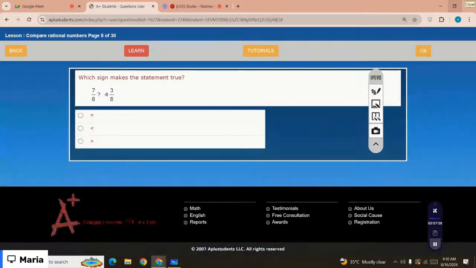Which sign makes the statement true? 7 over 8, 4 whole 3 over 8. So which is the correct option?